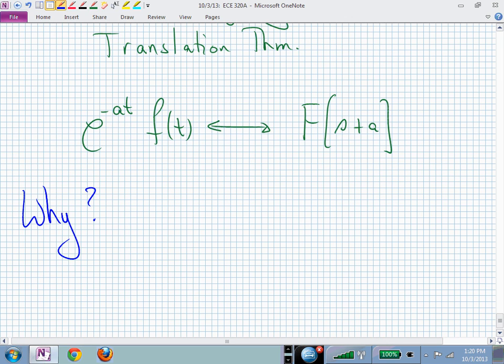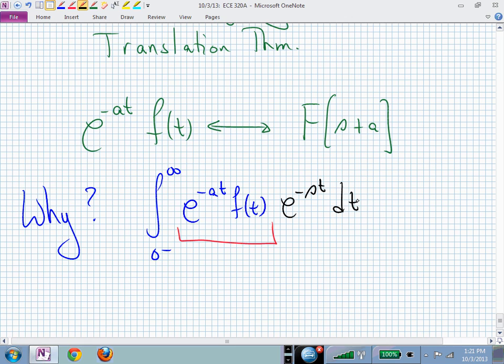Why did that happen? If we simply go back to the definition, and if we look at e to the minus at, f of t, that's now my signal that I'm trying to Laplace transform. I weight that by e to the minus st, and I integrate time out of that expression.